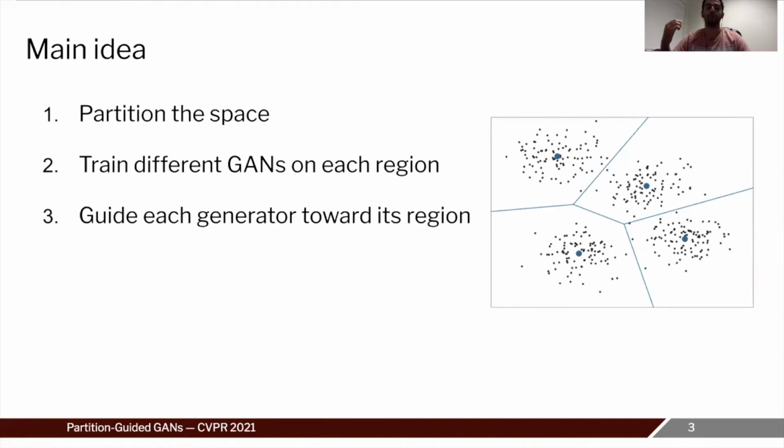Our method consists of three parts. We first partition the space to have a simpler distribution in each partition. Then we train a different generator on each part of the space. And because it's still possible that each generator produces samples outside of that region, we provide some guide to that generator to keep its samples only in that specific region.